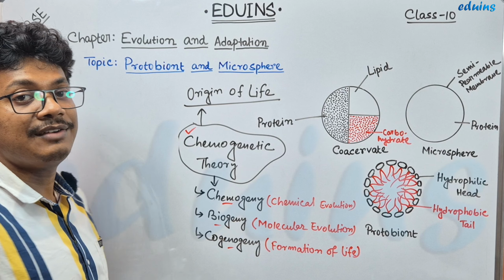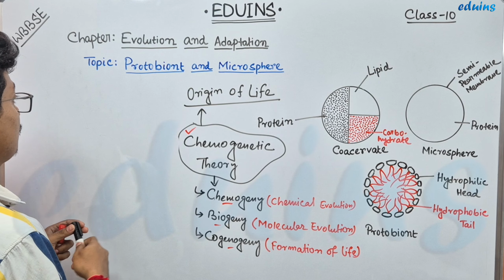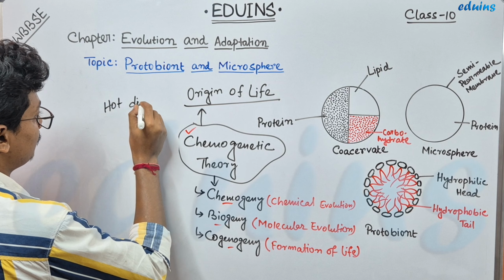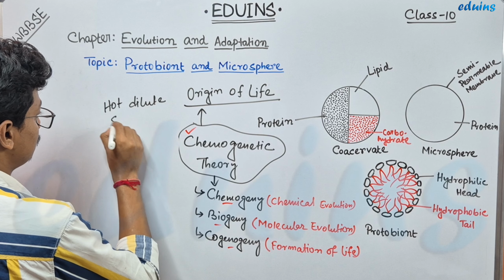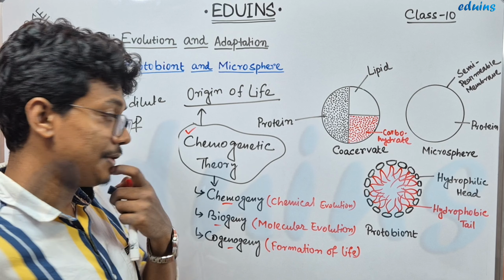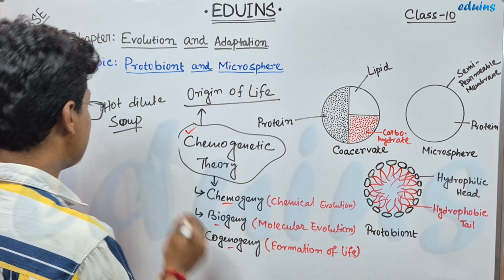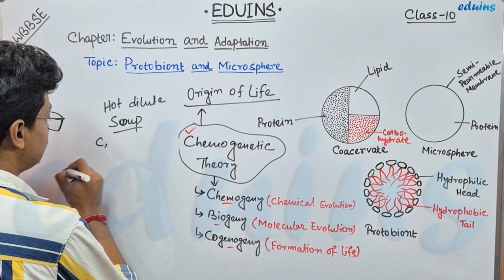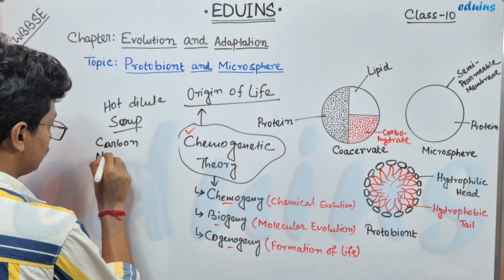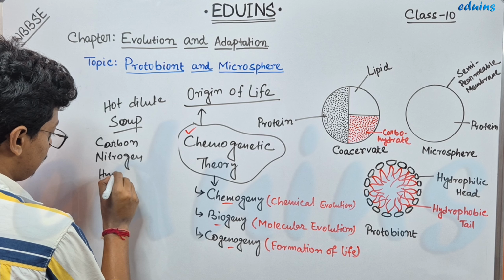In the very primitive time on earth, we know the earth was a hot dilute soup. There were many types of chemicals like carbon, nitrogen, hydrogen.